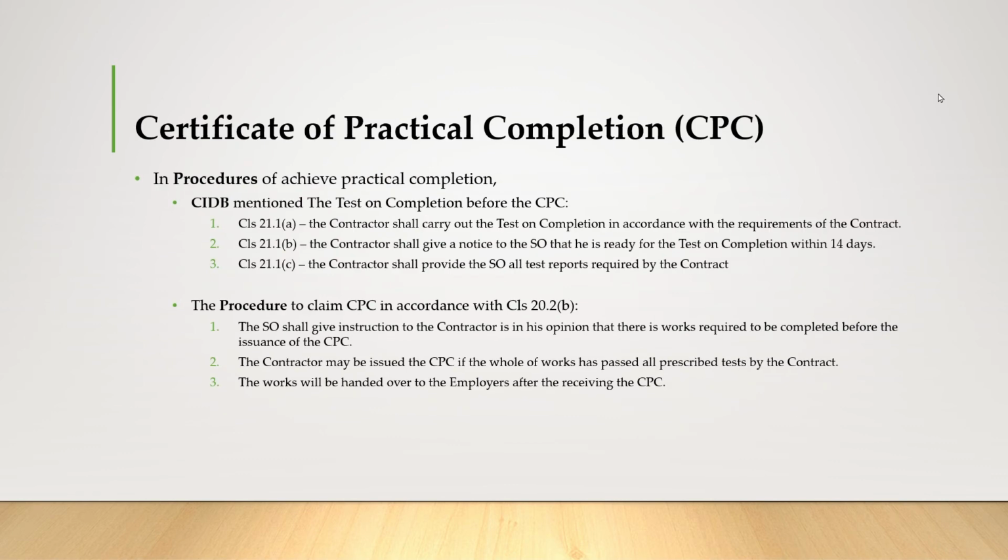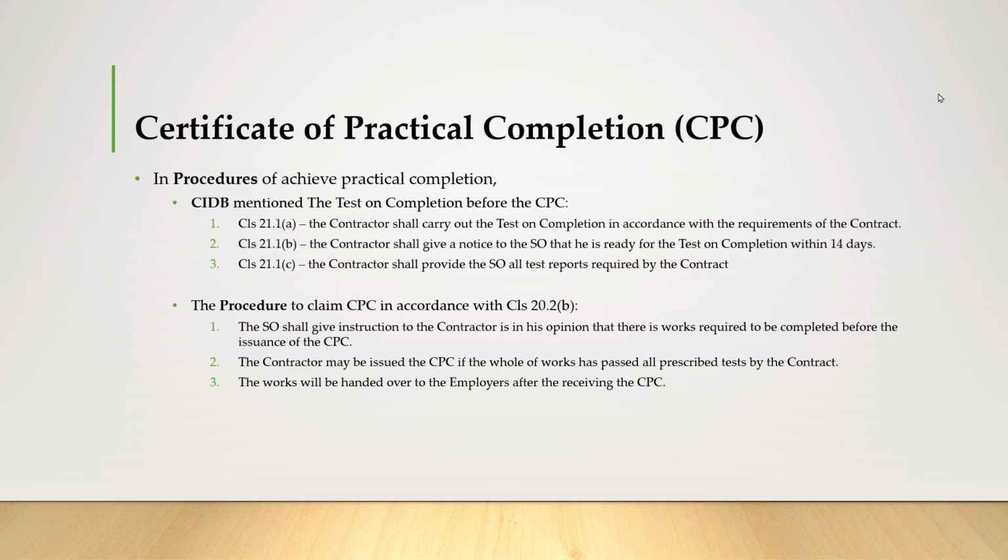So in the procedures stated in CIDB, the tests on completion are also mentioned before the achievement of practical completion and the CPC. This is stated in clause 21.1: the contractor shall carry out the tests on completion in accordance with the requirements of the contract.